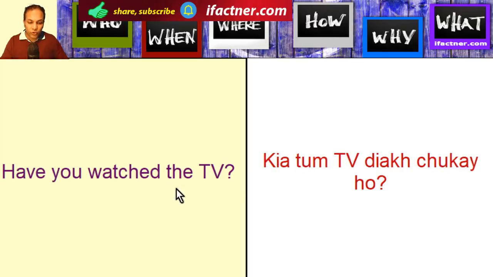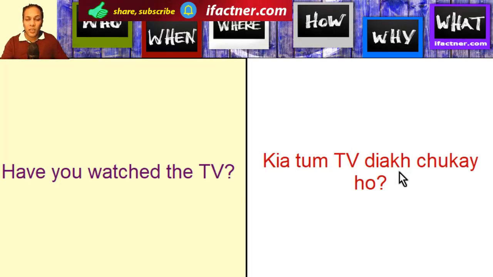Have you watched the TV? Now we will practice the तुम version. क्या तुम टीवी देख चुके हो? क्या with हो means have. Remember, if we use आप, then at the end comes हैं, and when we use तुम, then we use हो in the end. तुम, you.